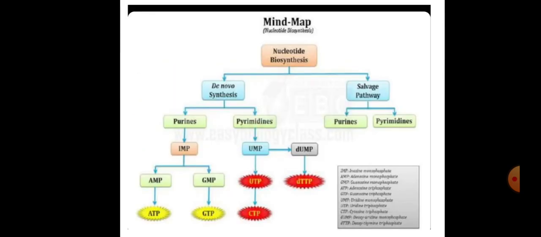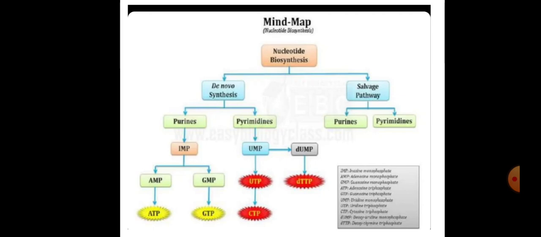Let us discuss the pathways. Nucleotide biosynthesis mainly includes two pathways, de novo synthesis and salvage pathways. Both purines and pyrimidines are synthesized by the de novo synthesis, and purines and pyrimidines are also synthesized by the salvage pathway.